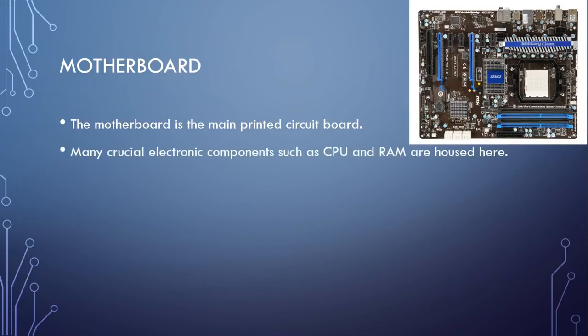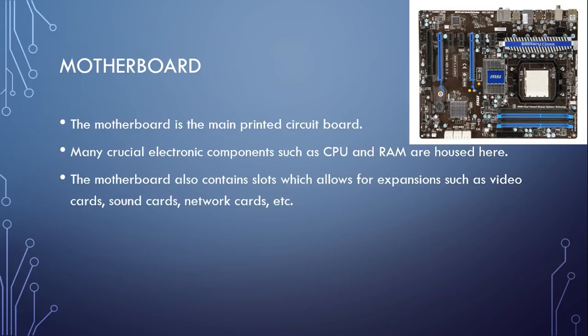Many of your crucial components, such as CPU and RAM, are also housed here. So when I say housed, that means that they are inserted into the motherboard. Right? They're components that are attached into there, whether it's through some sort of snap system or a clip, whatever it is, they are inserted into that motherboard.